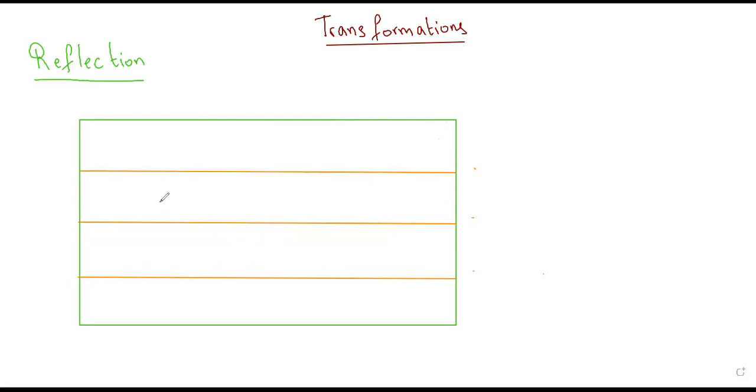So let's say the line of reflection is y equals x, then it is y equals minus x, then it is the x-axis, and then it is the y-axis.